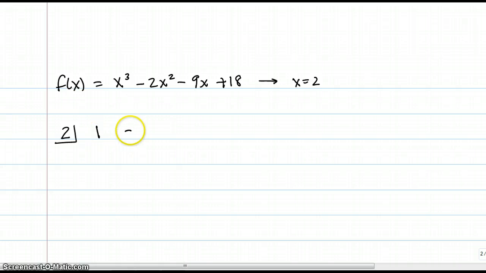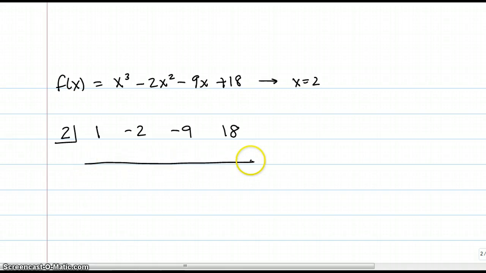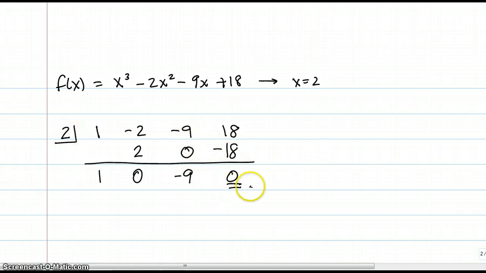So 1, negative 2, negative 9, and 18. Bring down the 1 first. 1 times 2 is 2. Negative 2 plus 2 is 0. 2 times 0 is 0. And then negative 9 plus 0 is negative 9. Then lastly, 2 times negative 9 is negative 18, which gives me a remainder of 0.